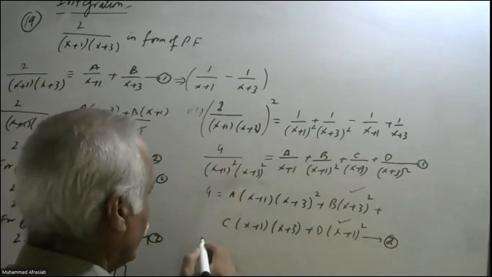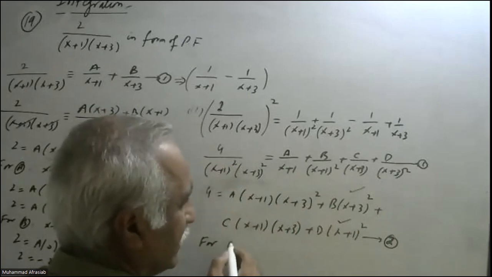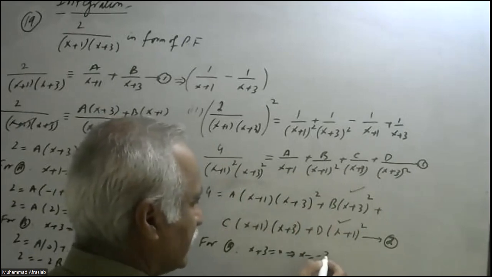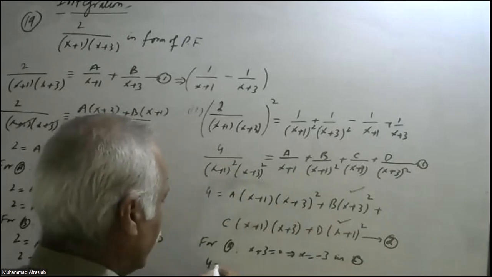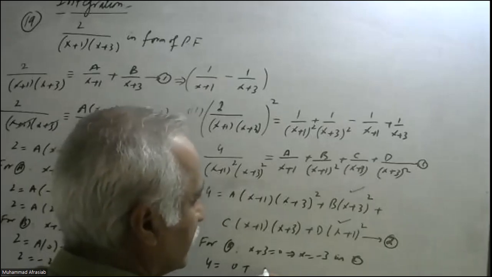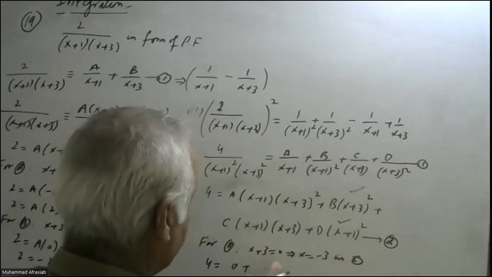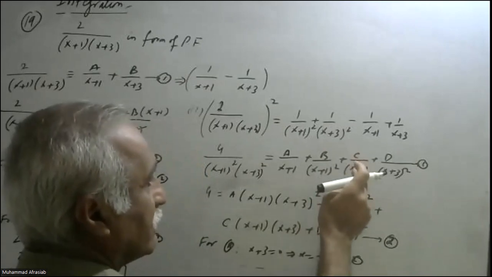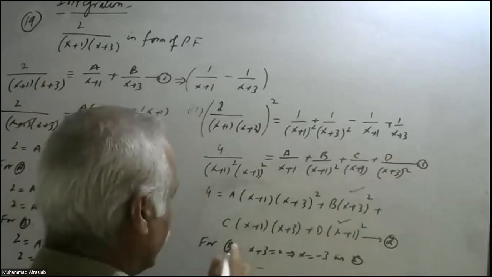So if you put, for b, x plus 3 equal to 0, or x equal to minus 3, then you get 4 is equal to 0 plus d into (x plus 1) whole square. So we can get the d answer.